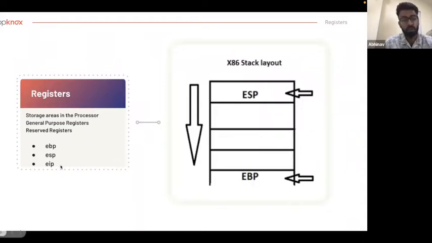The third reserved register that we are going to look at is the EIP, which is the instruction pointer. As the name suggests, the instruction pointer points to the memory location of the next instruction that needs to be executed.